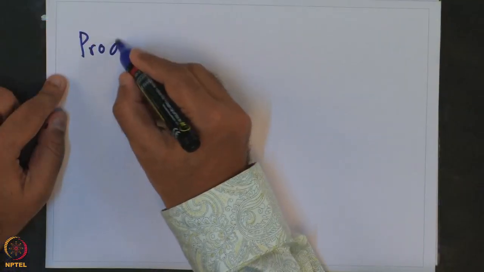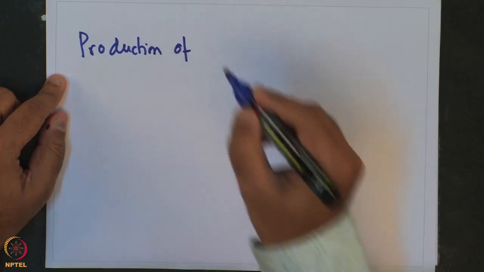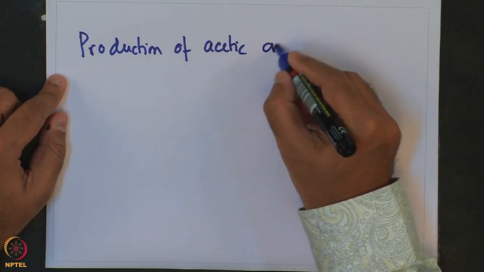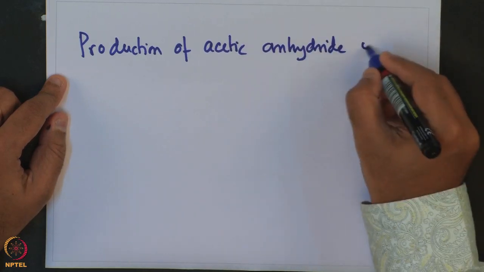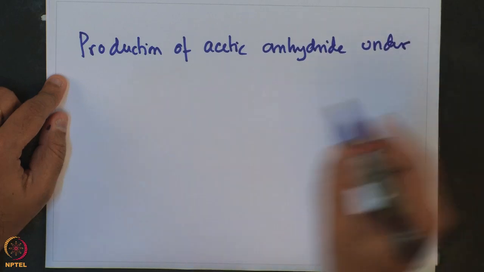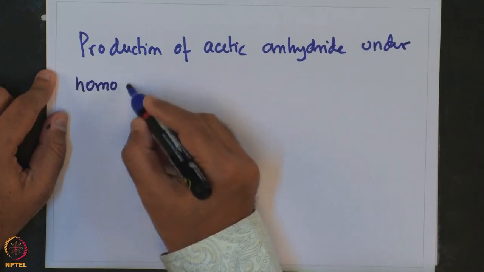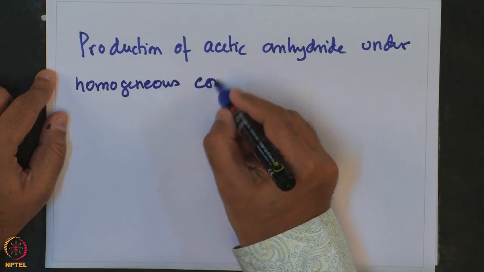So, production of acetic anhydride under homogeneous conditions.